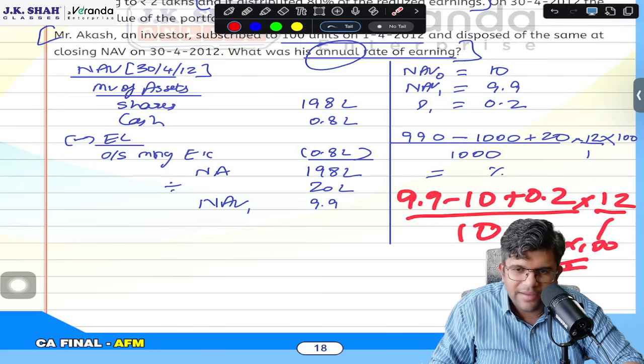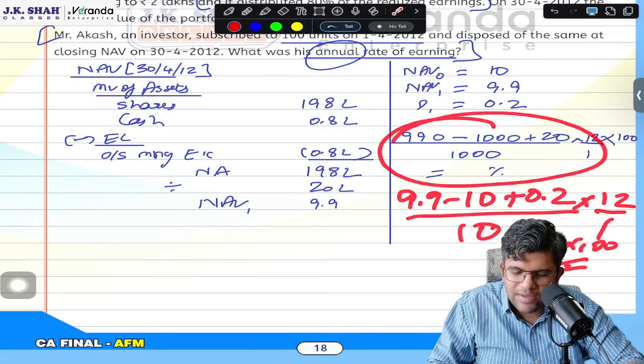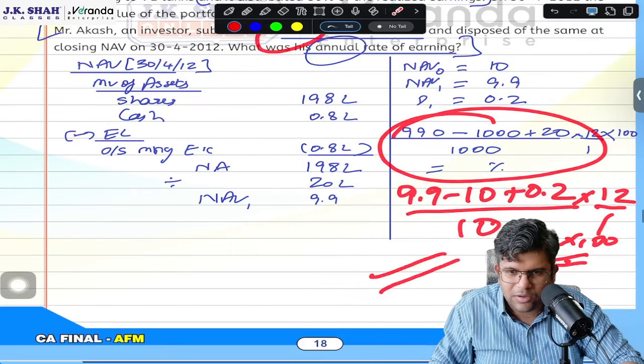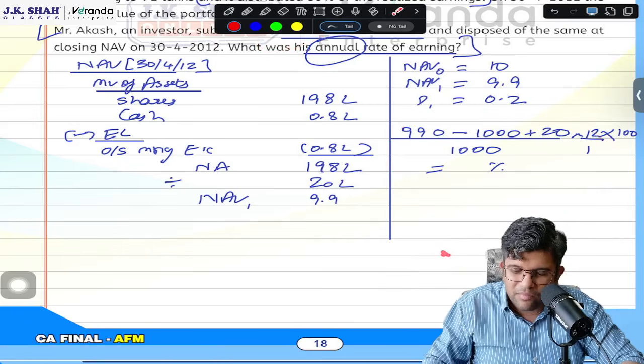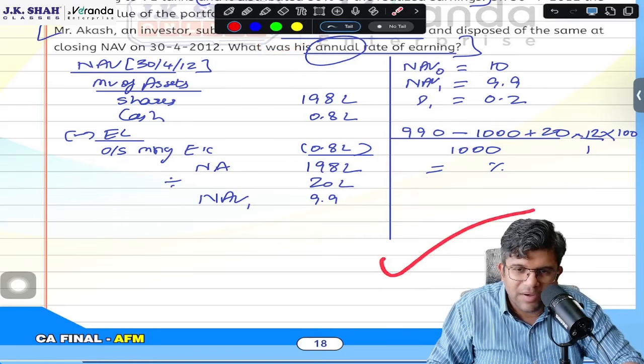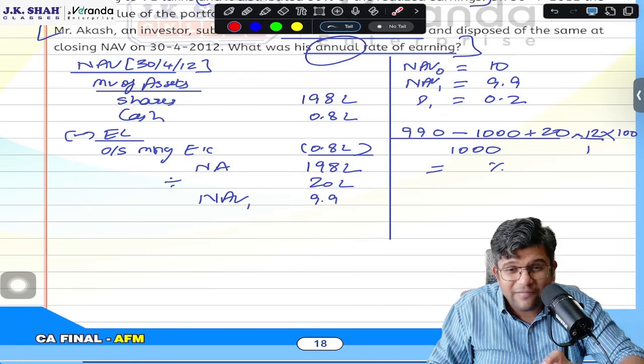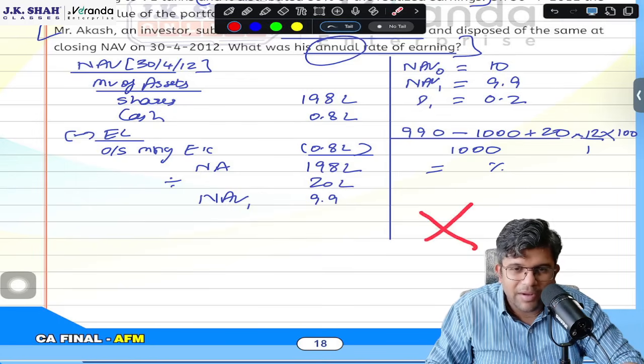This I am doing on the total basis of 100 units. When it is a normal dividend plan, whether I do it on total or on per unit, it doesn't matter. It is only in dividend reinvestment that the per unit becomes locked. I have to do it like this, only in per unit. You understood this?